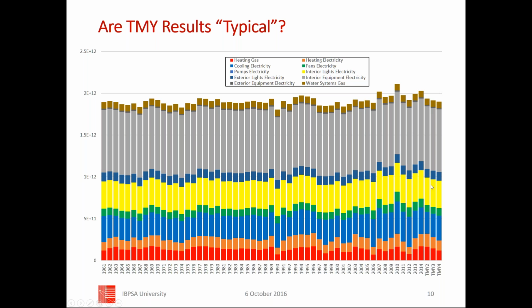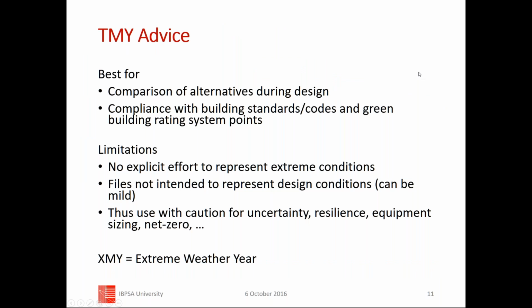You can't really see the different end uses too well, but the total is in the ballpark. Generally speaking, you can do pretty well with TMYs for design alternatives during design development and design studies, and compliance runs for codes and rating systems do well.